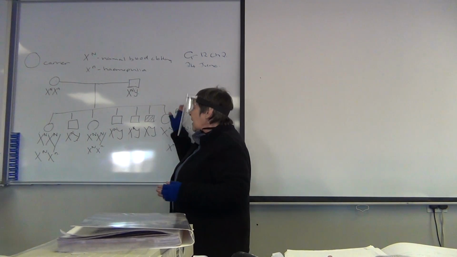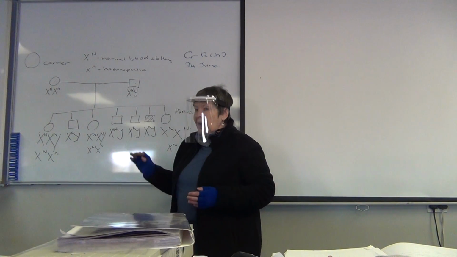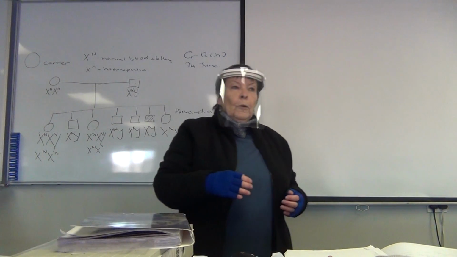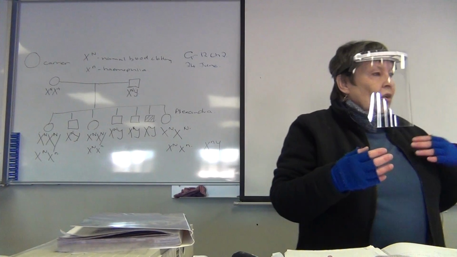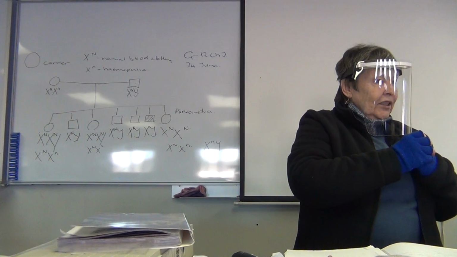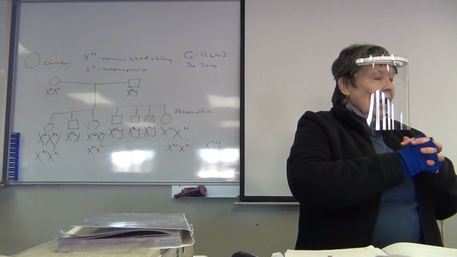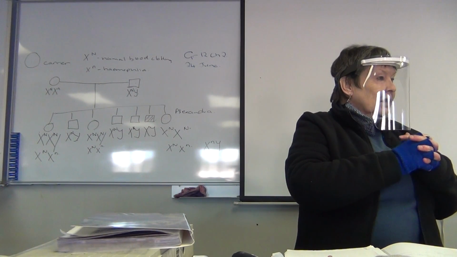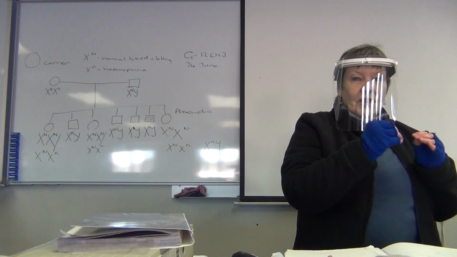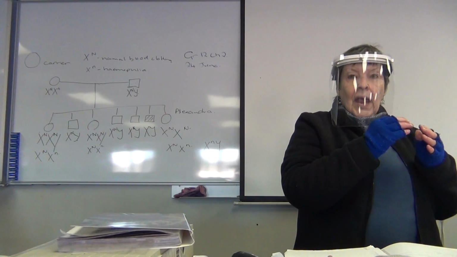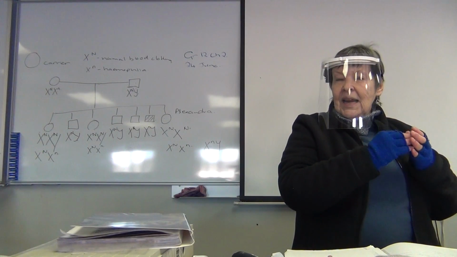So how would you tell from a pedigree whether the condition you're looking at is a sex-linked condition? What you would look at is whether it is being passed from the mother to the son, and whether it is mainly in males.